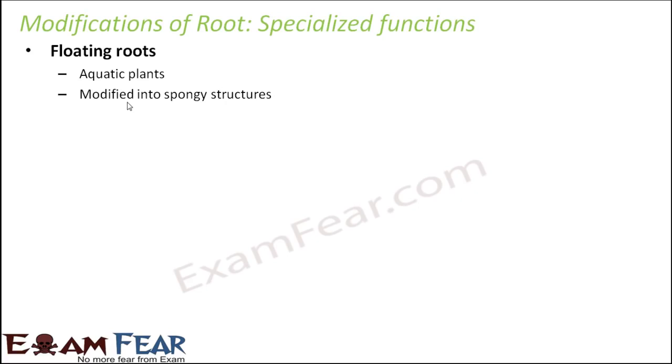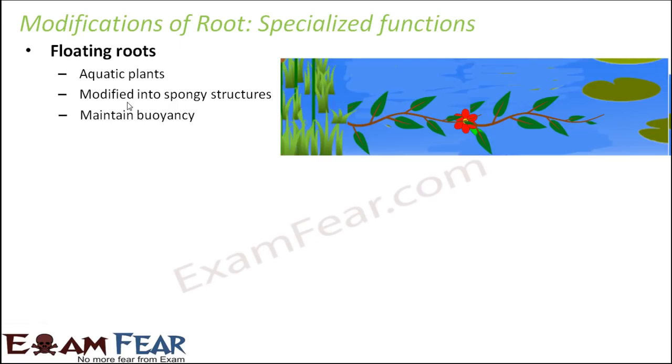So the floating roots in some aquatic plants help in keeping the plant buoyant. That means it helps to maintain that equalization of the forces so that the plant can float, and that is why they are known as floating roots. An example would be many aquatic plants, where you can see the roots get modified like this. So it maintains buoyancy.